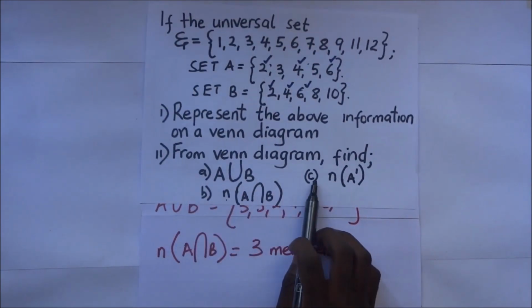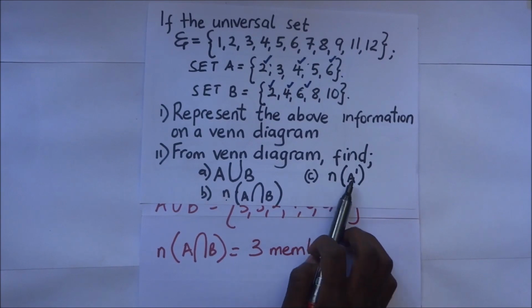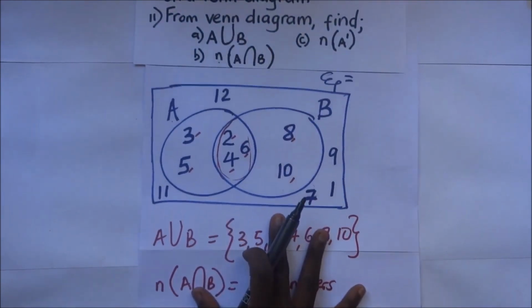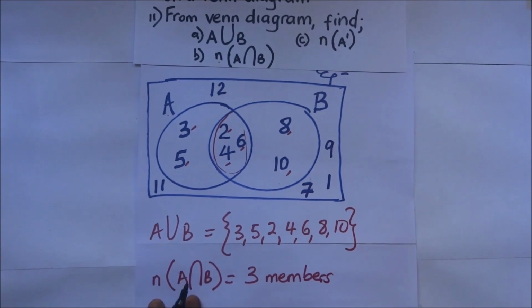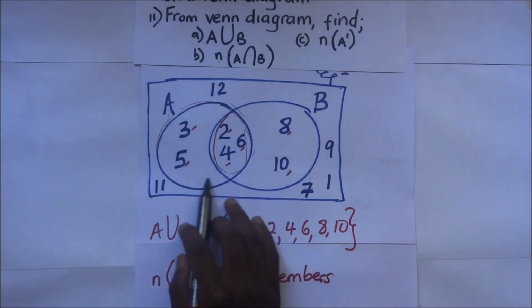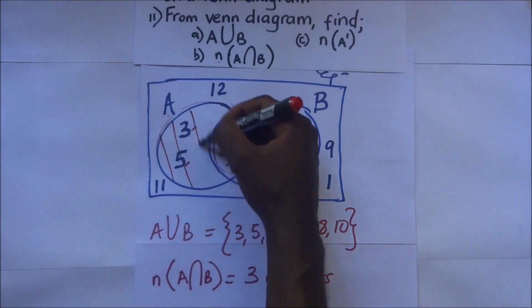Then our part C, they are telling us to find the number of members in A complement. Now when they say A complement, it simply means members that are not in A. So if you look at set A, the circle of set A is this. This is set A. And all the members in set A are inside there.